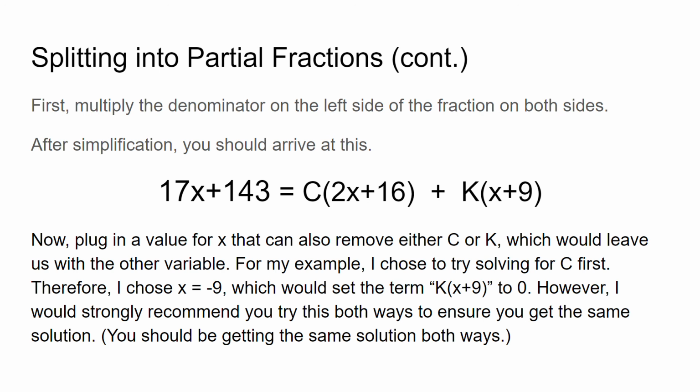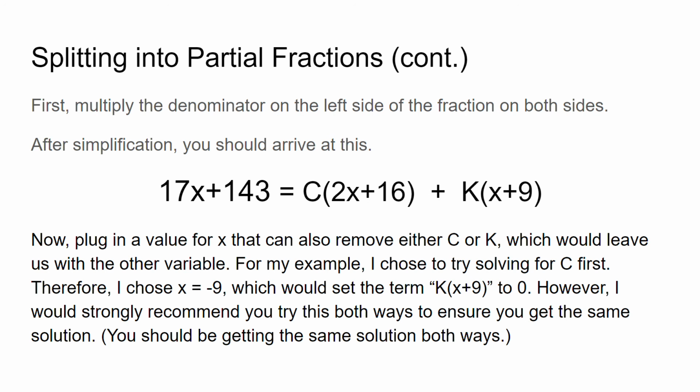You can do it either way. Either way should bring you the same answer each time. However, I would recommend that you try both ways for your own practice. I'm only going to show one way, but I do recommend you do both ways to see if you get the same answer, because you should be getting the same answer.